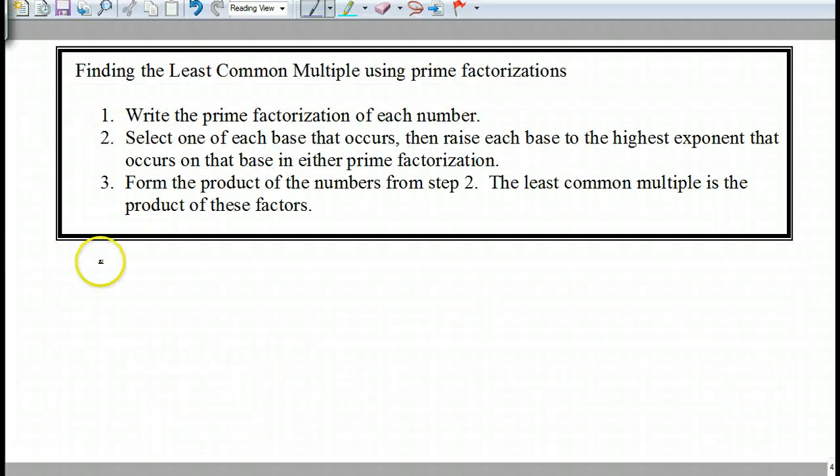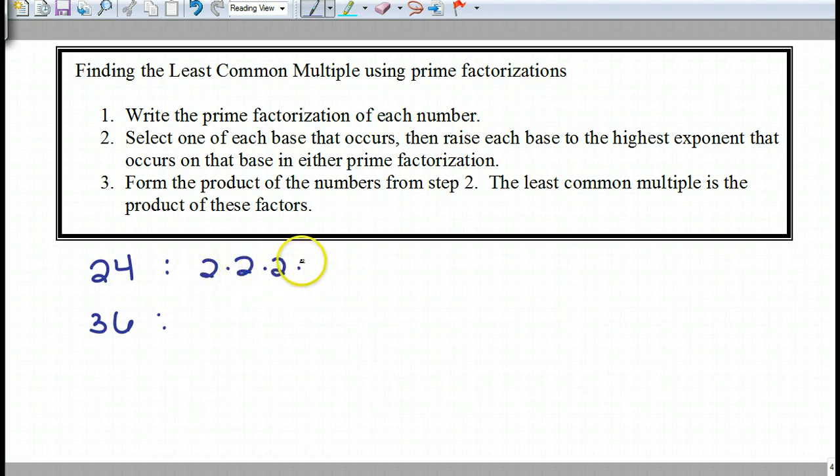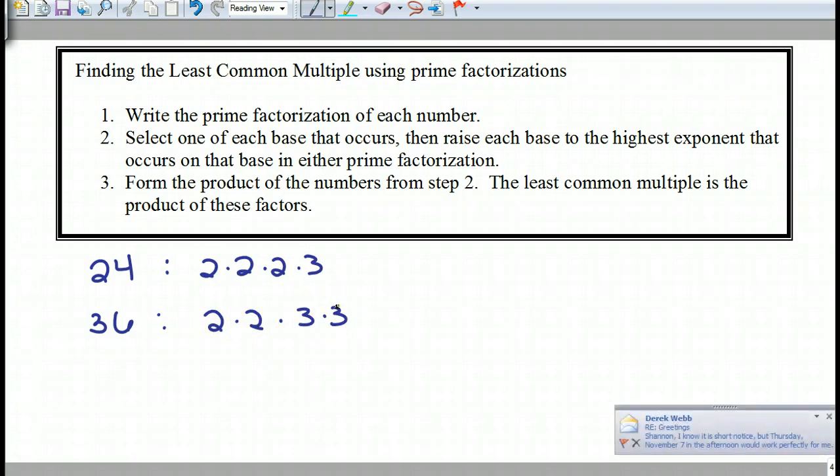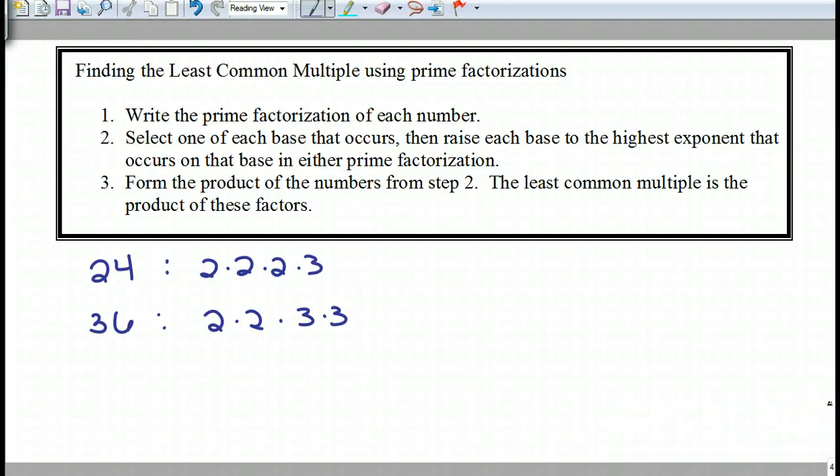So once again, let's take the number 24 and 36. We're going to be looking for the least common multiple. We already found that 2 times 2 times 2 times 3 is 24, and then 2 times 2 times 3 times 3 is 36. Okay, so on this one, we want to look at which one has the greater number of 2's. 24 or 36, which one? 24, so we're going to take 3 2's.